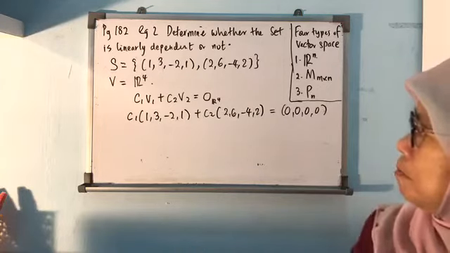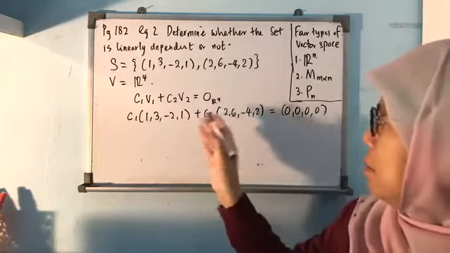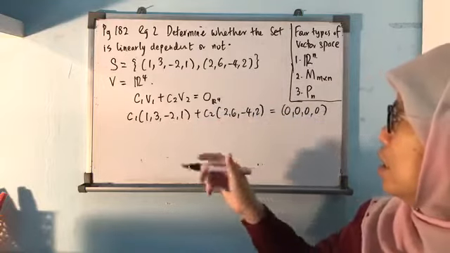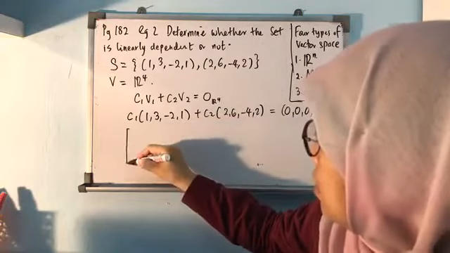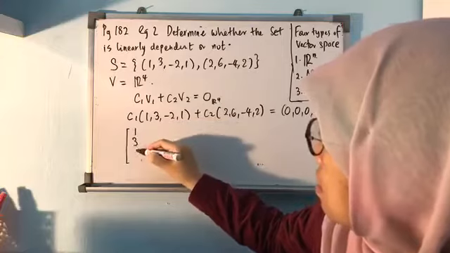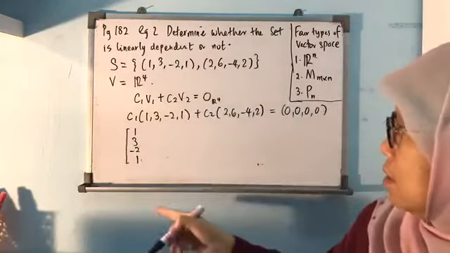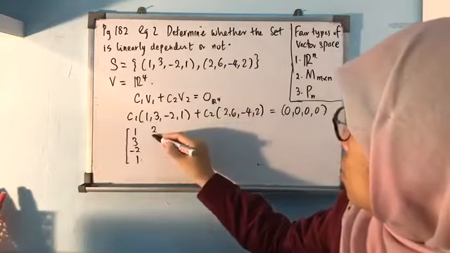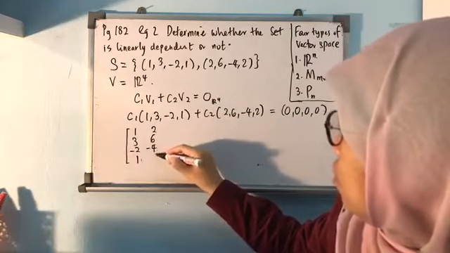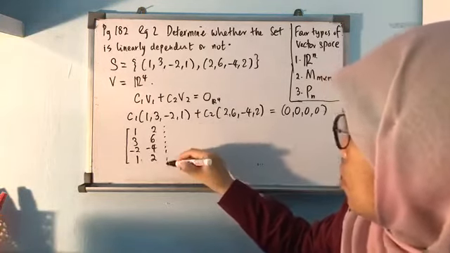Okay, so you can multiply out and equate and so on, but we have seen this from chapter 2. You write as column 2, 6, negative 4, 2, okay?